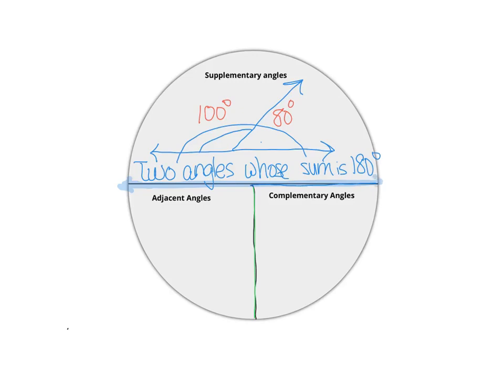Now, to make the complementary angle portion of this graphic organizer, notice that we took a fourth of this circle, and that would be 90 degrees. So we use that on purpose to demonstrate complementary angles, because complementary angles add up to 90 degrees.